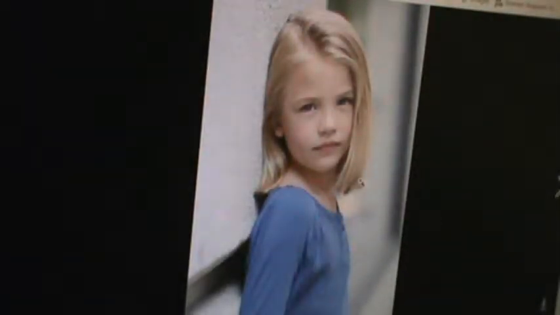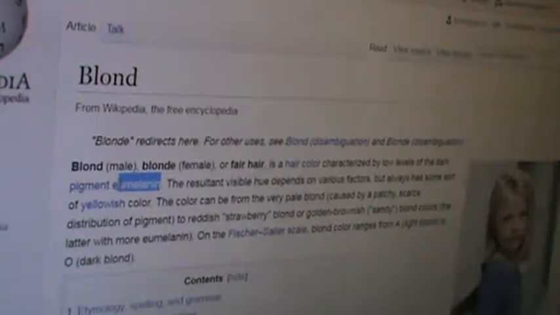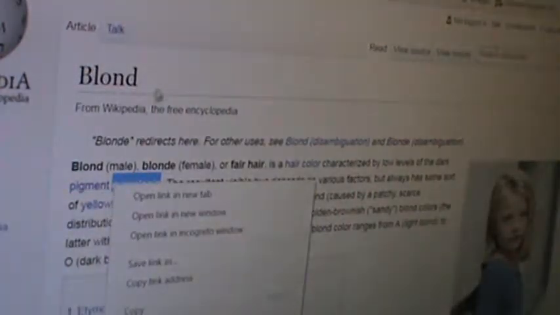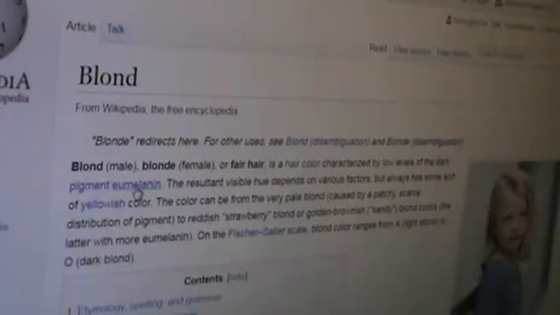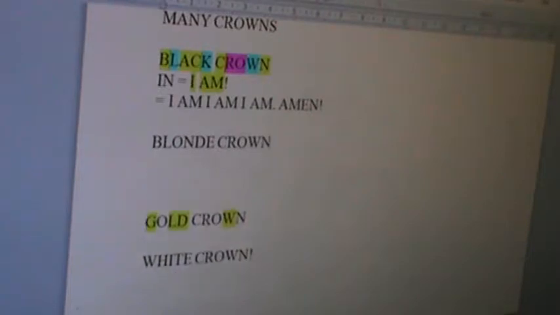That's very nice. Very nice. Ooh, the pigment. Now I like to solve pigments and stuff. See, I love solving scientific terms that are... Okay, well that's good for me to know. So blonde is male, blonde is female. That'll give us some cool hints when we analyze these letters.